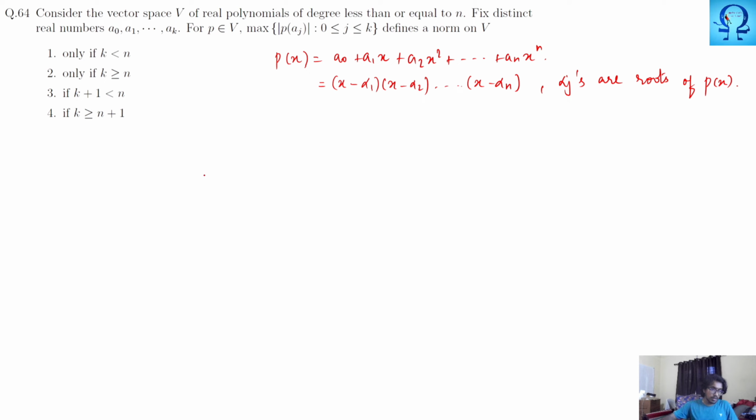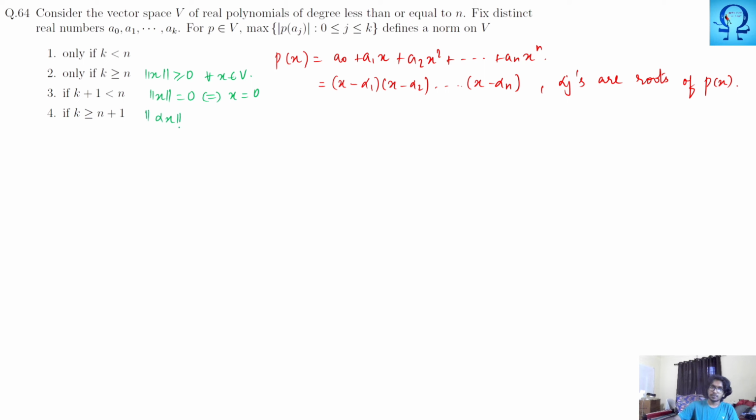Now clearly they have said that this defines a norm. If it has to define a norm, then what should be the case? We must have all 4 properties of a norm. Just a minute, I'll write that in a different color. Norm of x has to be greater than or equal to 0 for all x in V, and norm of x has to be equal to 0 if and only if the vector itself is 0.